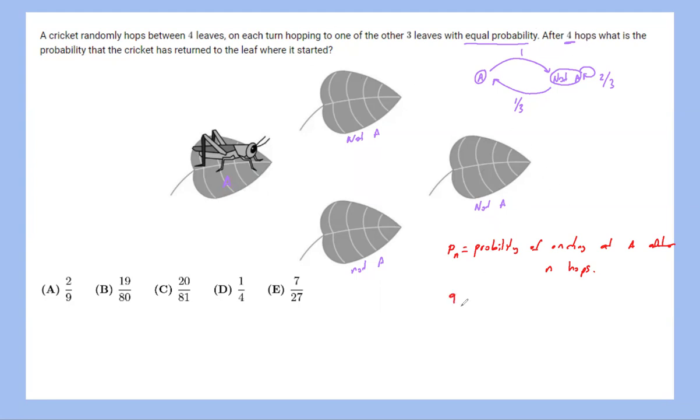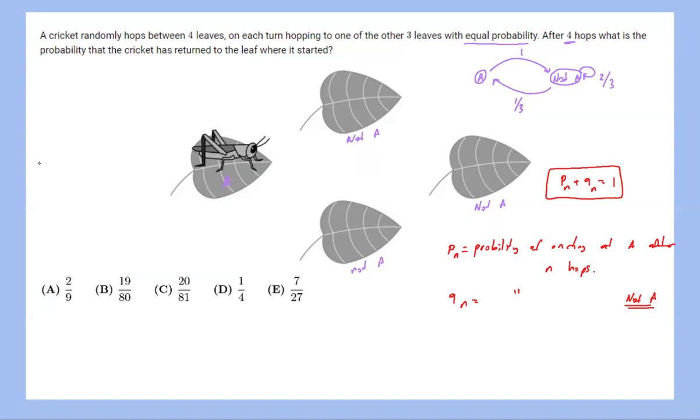And then I'm going to call Q of n the probability of ending at not A, after n hops. Since we have only two options, either you're at A or not at A, when you add those two probabilities, P of n plus Q of n should be 1, because that's the total case, right? So this is going to be useful.